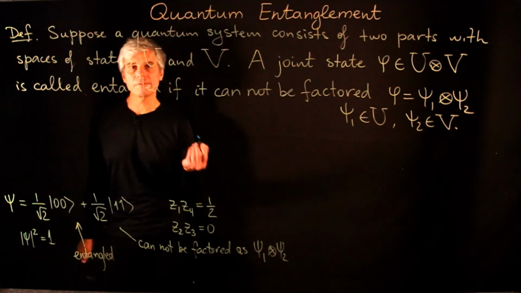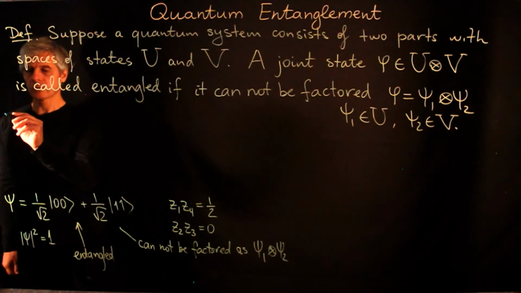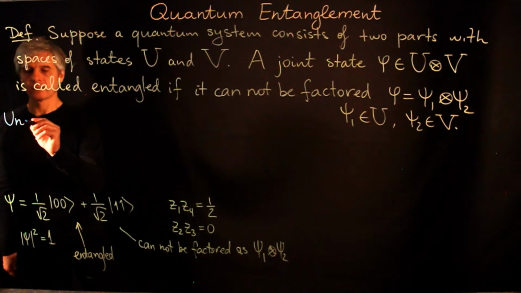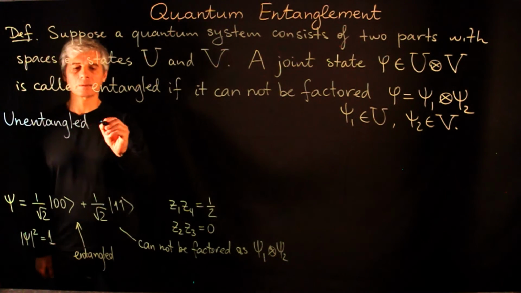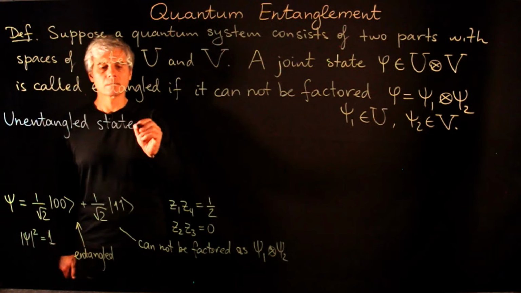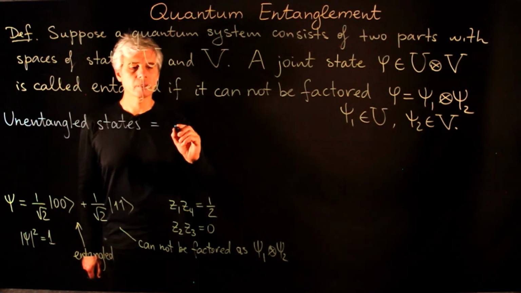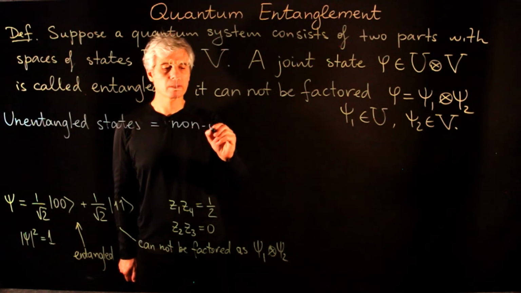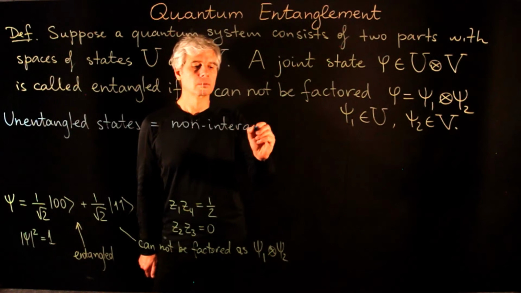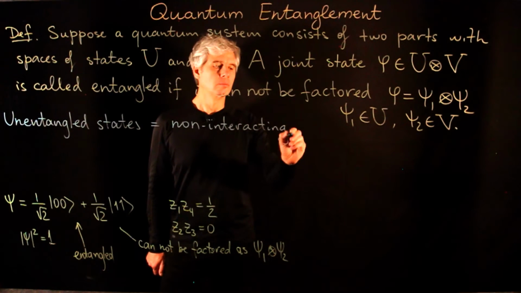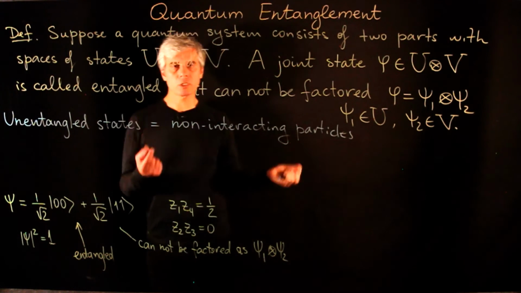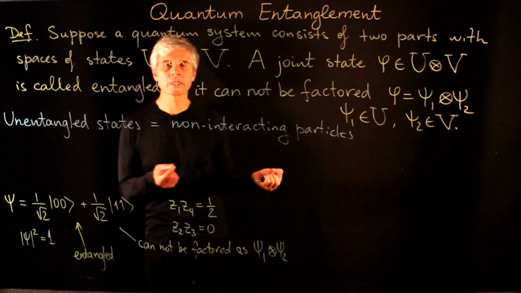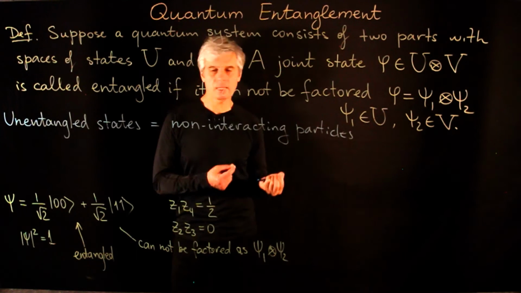Now, from the physics interpretation, unentangled states represent non-interacting particles. This means that we just take two non-interacting particles and consider their joint state.